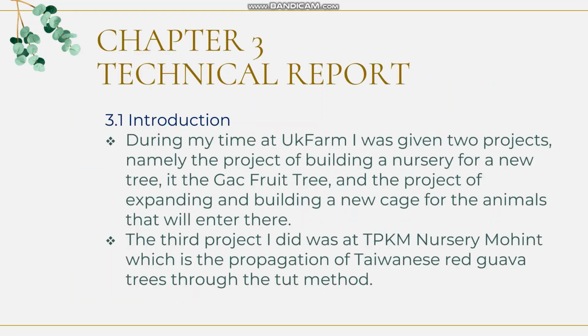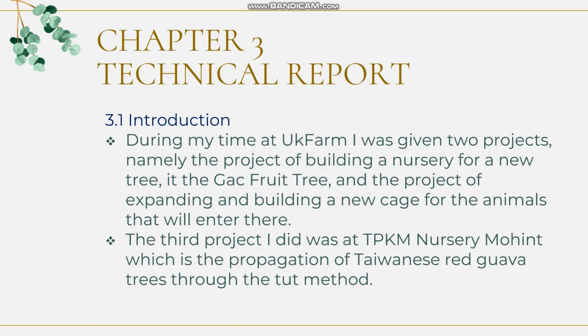We move to Chapter 3, Technical Report. Introduction. During my time at UkFarm, I was given two projects, namely the project of building a nursery for a new tree called Fruit, and the second project is building a new cage for the animals that will enter there.